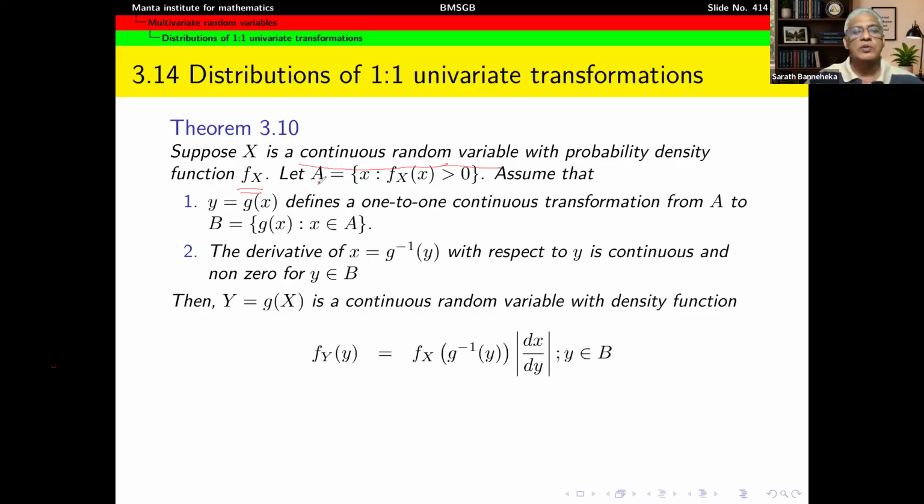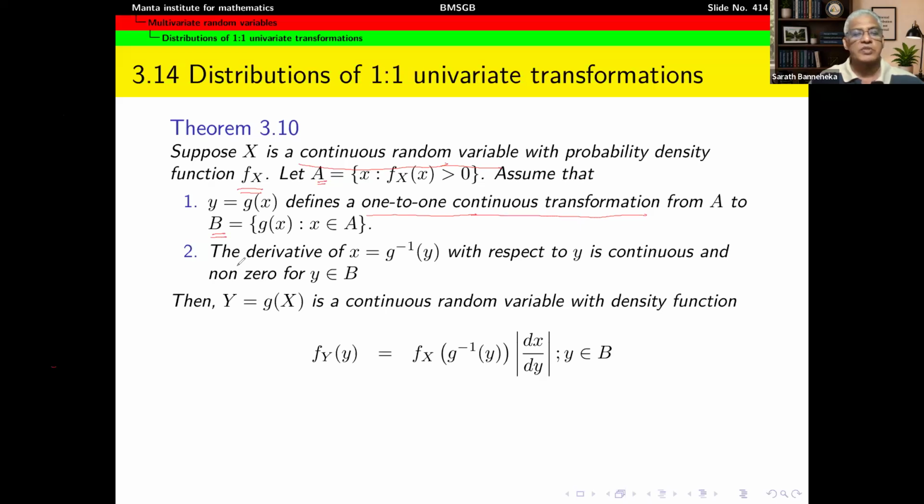That means A is called the support. Assume that y equals g(x) defines a one-to-one continuous transformation from A to the set B, where B is the set of g(x)'s for which x's are in A. So we are going to consider one-to-one continuous transformations only in this case.